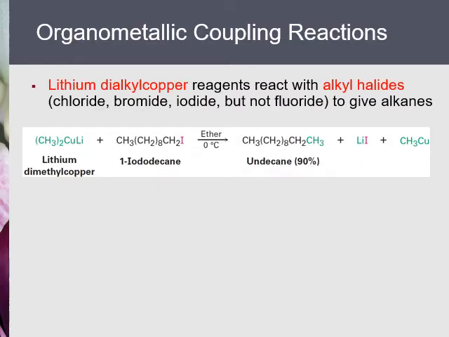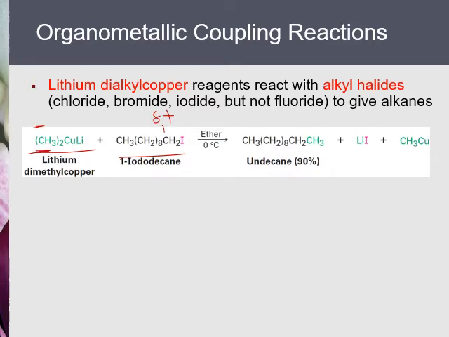One of the very useful reactions Gilman reagents can undergo is a coupling reaction. So suppose we mix a Gilman reagent with an alkyl halide. In the alkyl halide, the carbon connected to the halogen atom is positively charged, and the carbanion connected to copper is negatively charged.